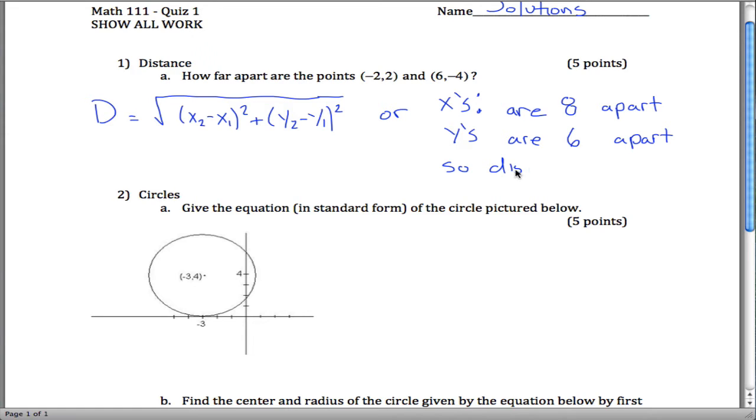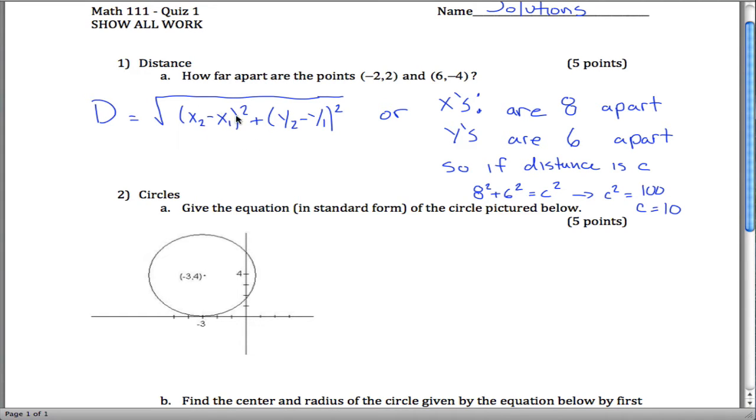If I call distance C, I get that 8 squared plus 6 squared has to equal C squared. That is, C squared has to be 100. So C is 10.